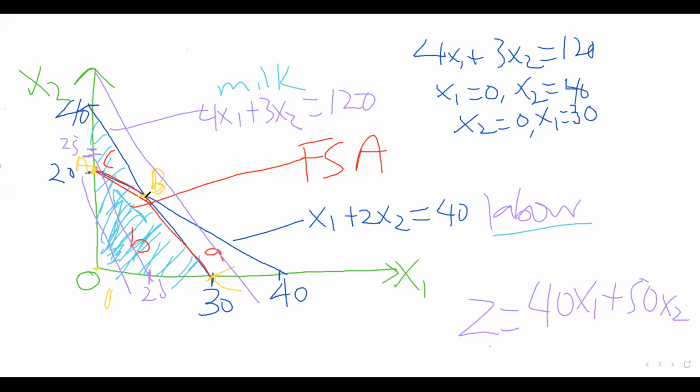Remember, I've not drawn this to scale, but there are 3 vertices. The last corner before this line leaves the feasible solution area will be the point B.